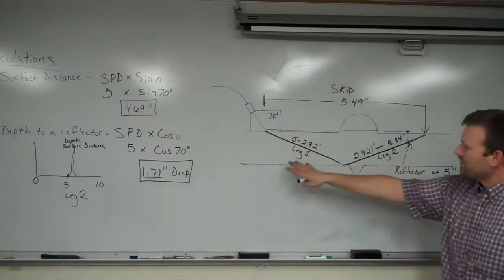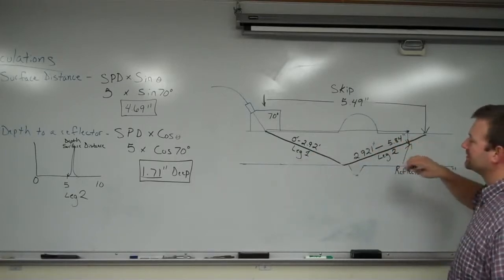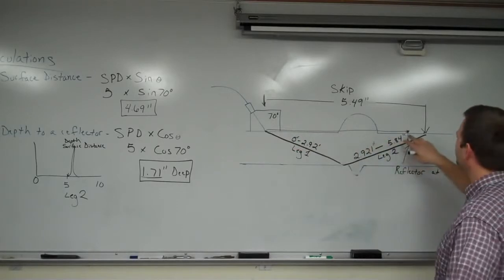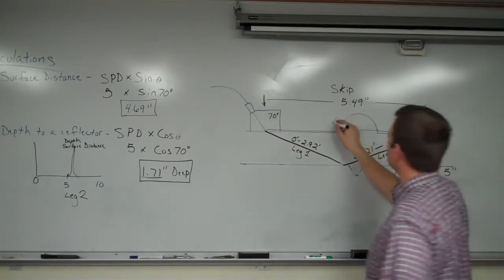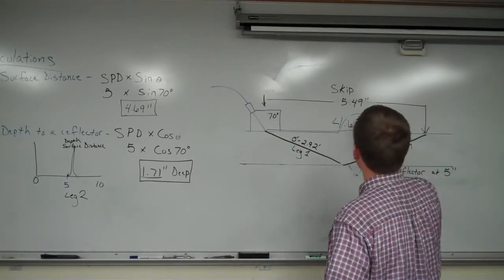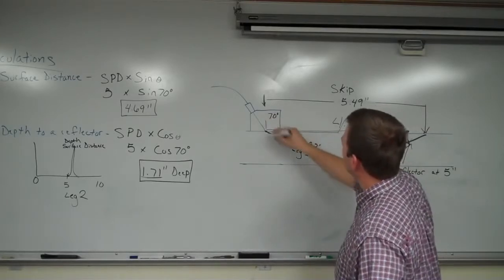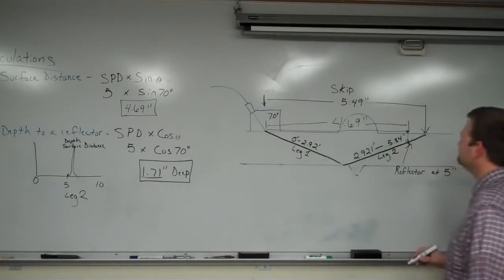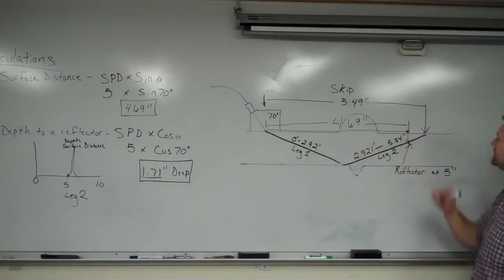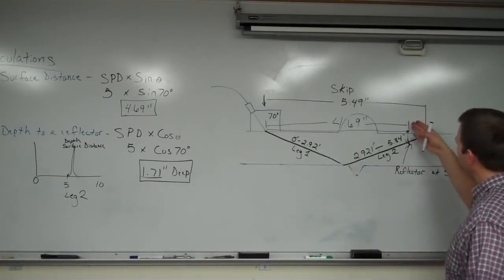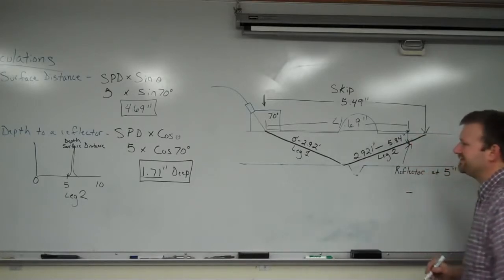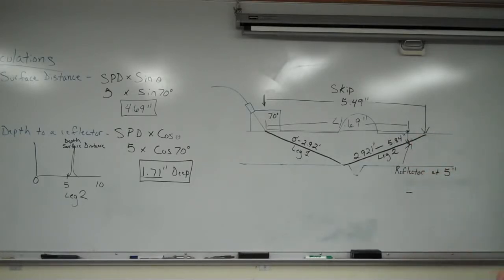So if we came over 4.69 inches, I said 5.5 earlier, but it's 4.69 inches, from right here to right here, so 4.7 inches, and went straight down 1.71, that would be where our defect is. Well, we know that's not possible because the plate's only 1 inch thick.